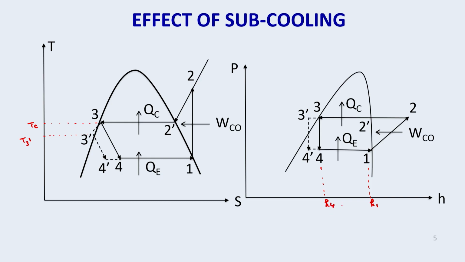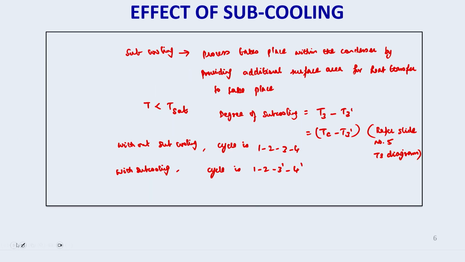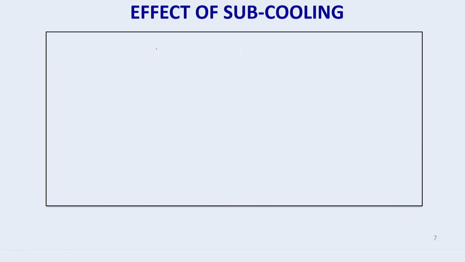So QE is equal to mass flow of the refrigerant into H1 minus H4. This is without subcooling.